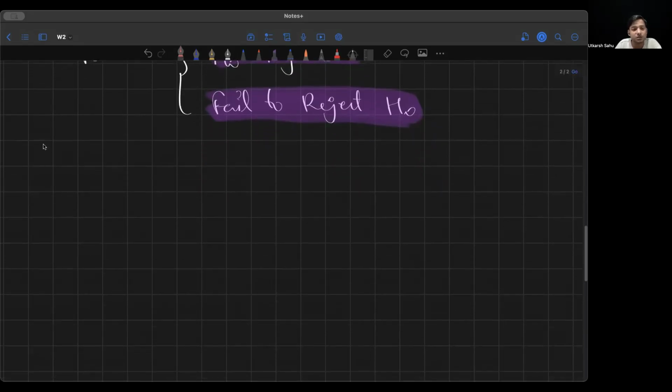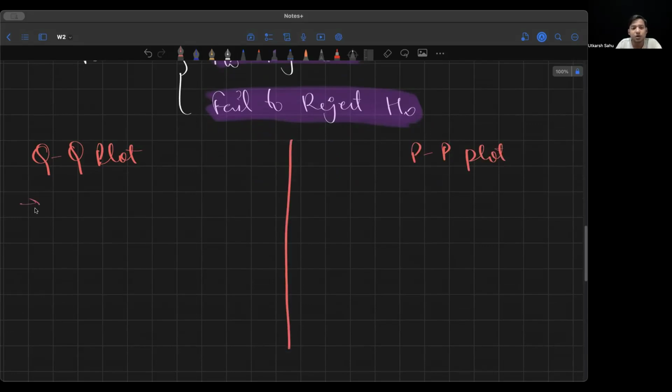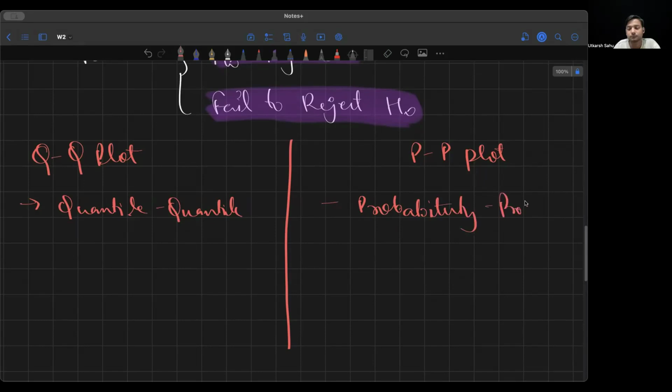Now coming back to a few things, which are your QQ plot and your PP plot. We will just see what is the difference between these. QQ plot is basically quantile-quantile. This is probability-probability.